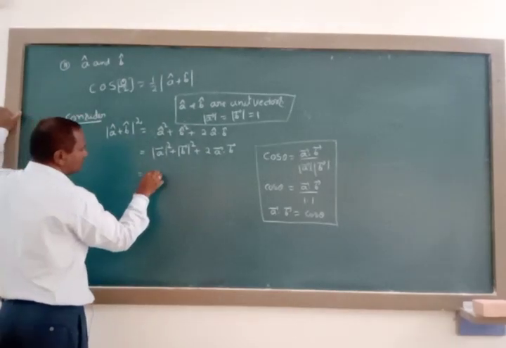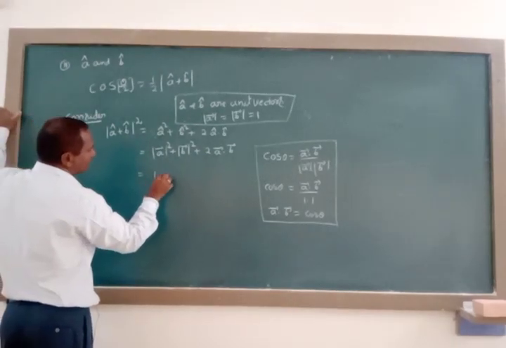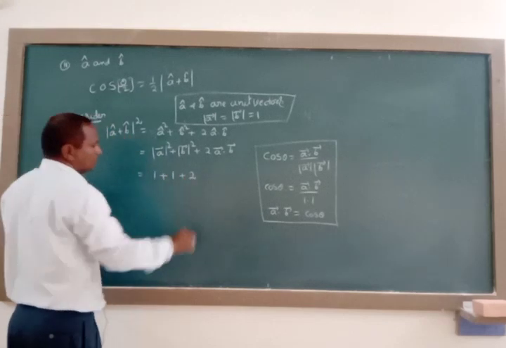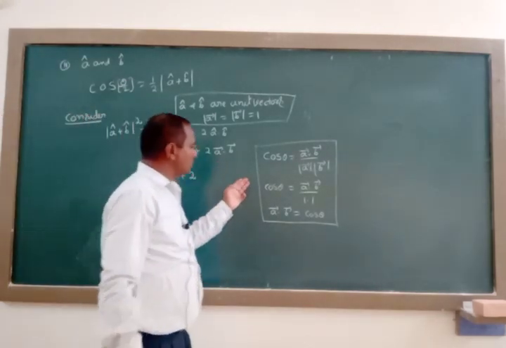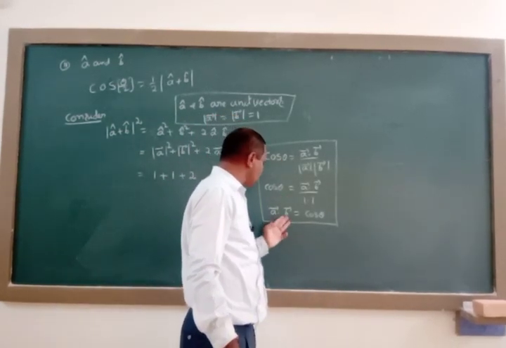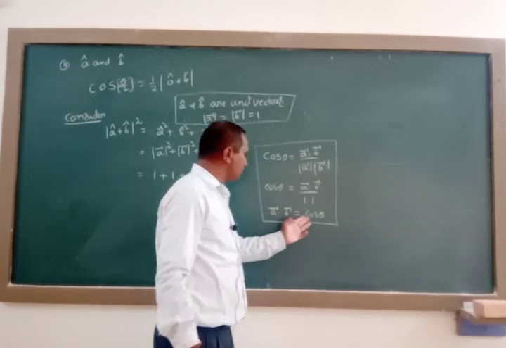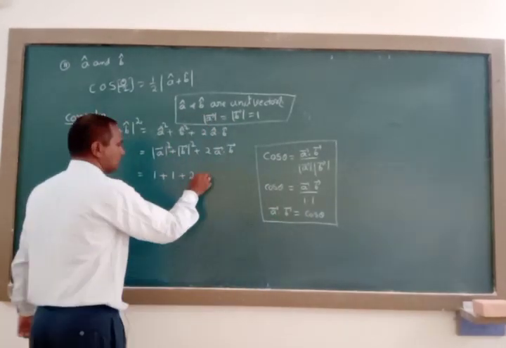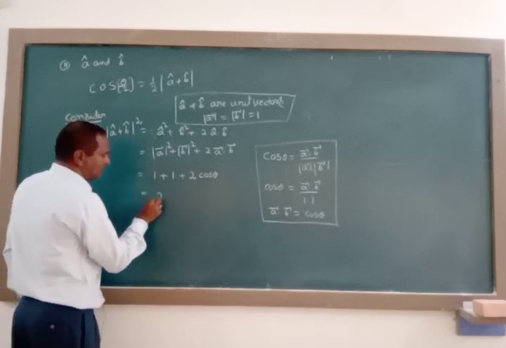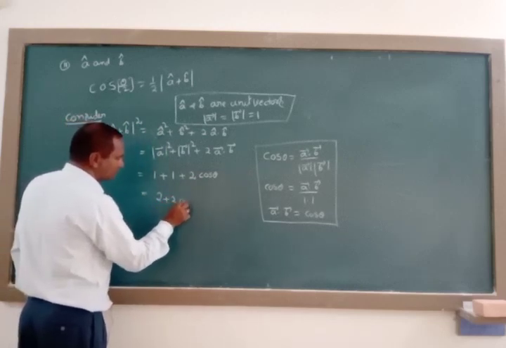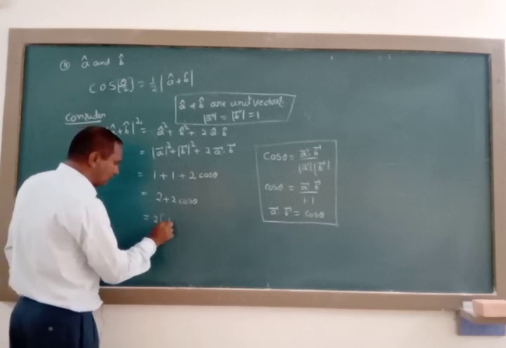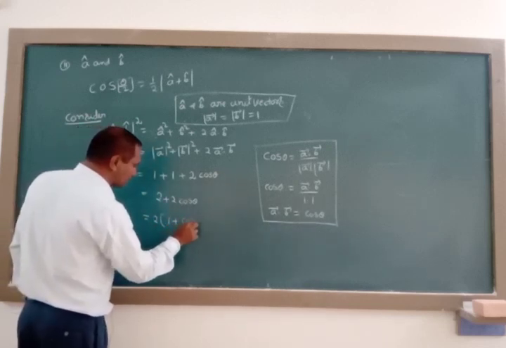Magnitude of a bar is 1 because it is a unit vector. Magnitude of b bar is 1 plus 2 into, instead of a bar dot b bar, with help of cosine angle between the two vectors, finally we got the result that in place of a bar dot b bar is equal to cos theta. It is 2 plus 2 cos theta, and take 2 common here, 2 into 1 plus cos theta.